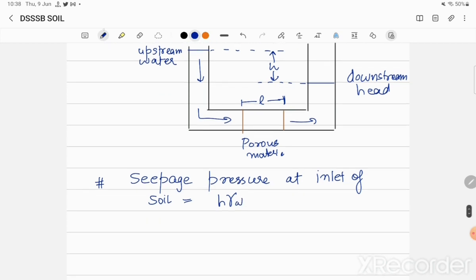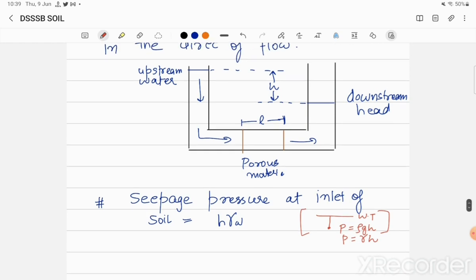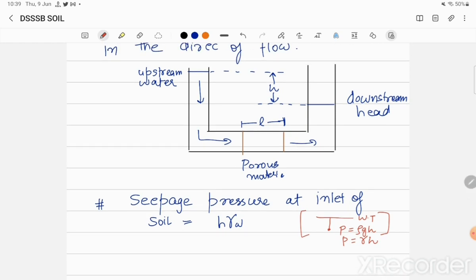This is also from FM, where we used to say that below the water body surface, any point down the water table, the pressure at that point, according to Pascal's law, P was given as rho g h, where h was the height from the water surface, or P was written as gamma h, since rho g can be written as gamma. Similarly, the seepage pressure at inlet of soil will be h rho w, which we can see from the diagram itself.